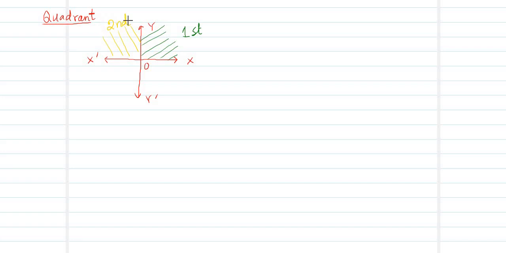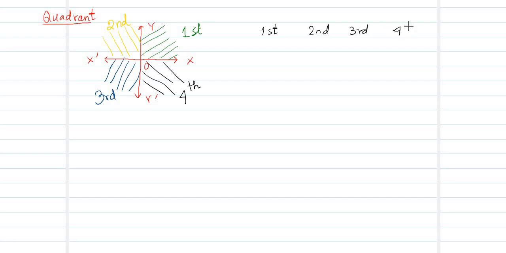Third, X dash OY dash shaded in blue is known as the third quadrant, and finally Y dash OX shaded in black is known as fourth quadrant. So there are four quadrants and we call them as first quadrant, second quadrant, third quadrant and fourth quadrant.